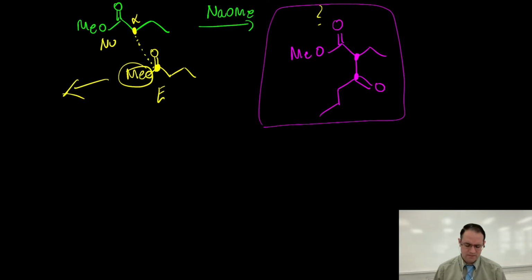So get in the practice of drawing these out, maybe making dots, maybe counting carbons, labeling alpha or beta, or drawing curved arrow reaction mechanisms. There's 4 or 5 different ways to figure out how these things get connected. It does require practice. I don't expect people to see me show this on a video once and then they're just like experts for the rest of their life. It takes review, it takes practice, and it takes some thinking, okay?